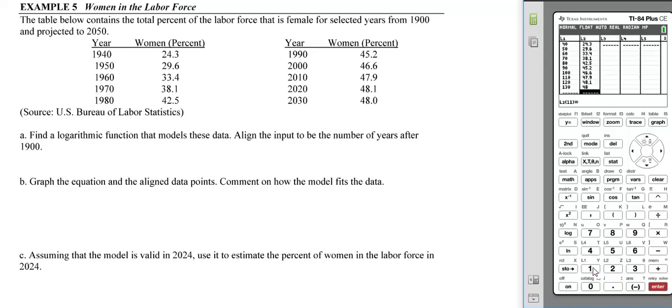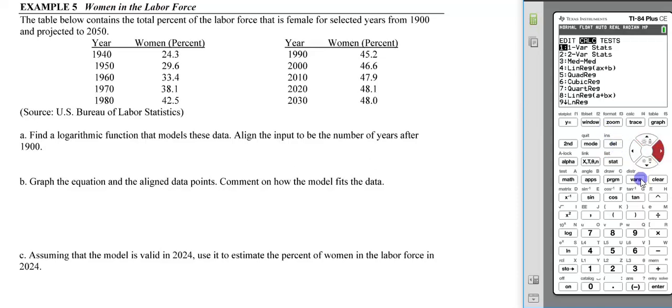And just double check, making sure that you have no entry errors. And looks good. We're going to first find a logarithmic function that models the data. So stat, calculate a natural log regression, and list 1, list 2.